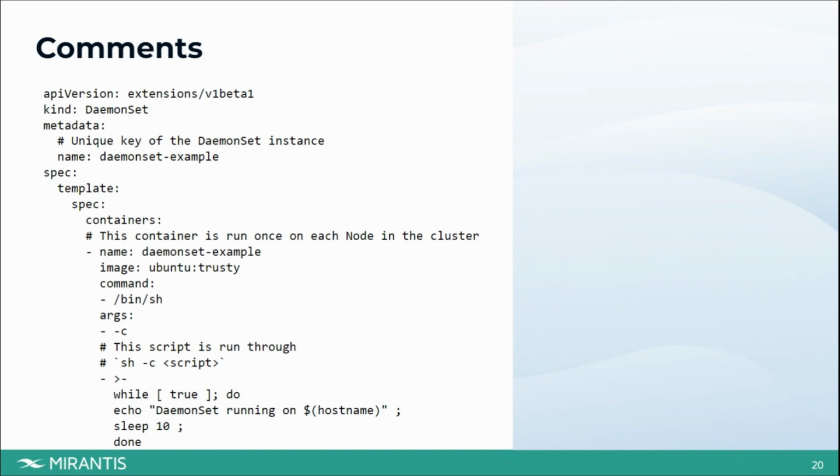So this container is run once on each node in the cluster is indented the same as the container object. You just have to be careful to indent them the same amount as what you are commenting. How would you add a block level comment in a YAML document? I think what you're probably asking there is how can you comment out a bunch of YAML?